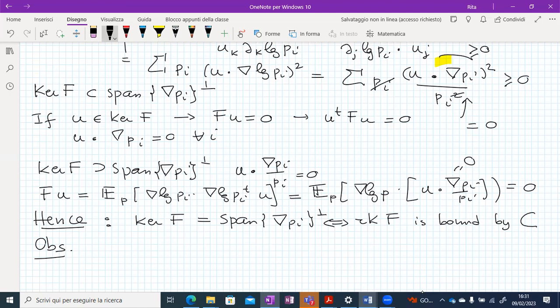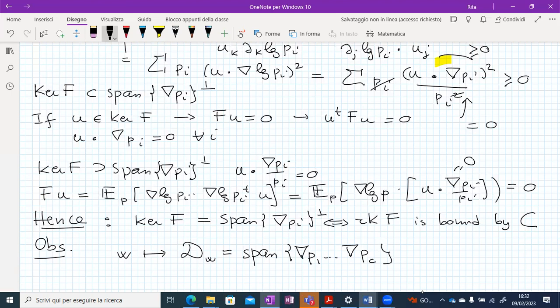Okay. Now, if you take a point in your parameter space and you associate it to a distribution, forget I said the word distribution. You associate it to a subspace, which is the span of delta P1. This is called in mathematics a distribution, but that's not important. So at each point, you have a linear subspace, which is the span of the gradient of the probability.